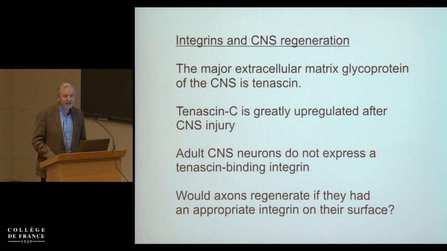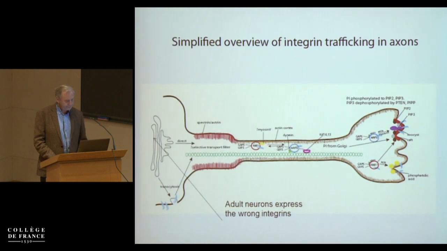And so in the context of the adult spinal cord, tenascin is basically an inhibitory molecule. It's your enemy. But the question is, can you turn your enemy into your friend by expressing an appropriate integrin, which allows the axons now to recognize tenascin and therefore to grow through this inhibitory terrain.